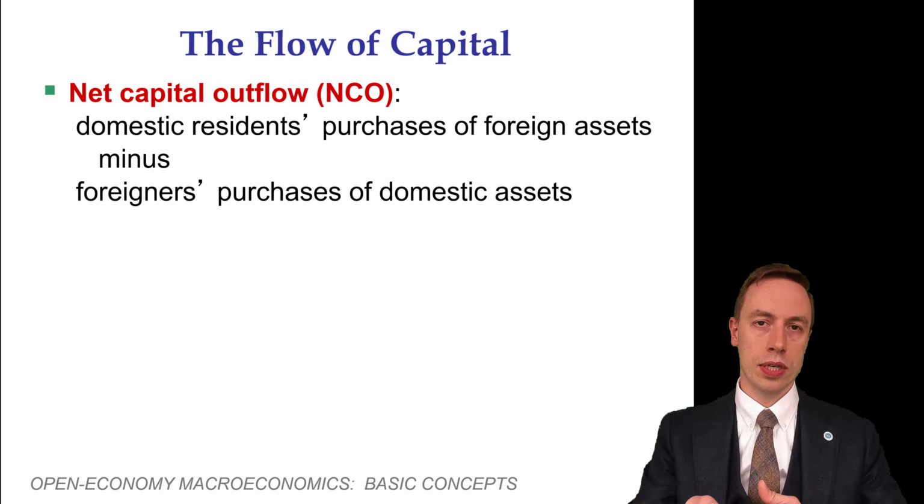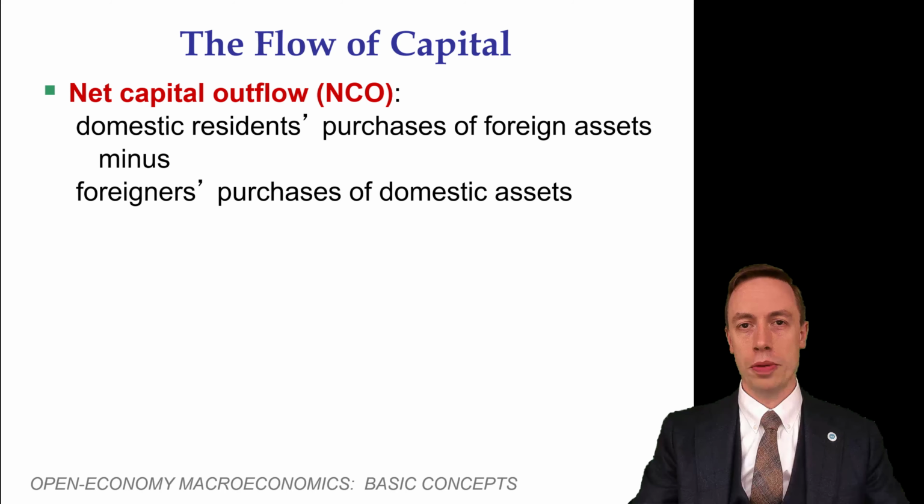Let's say you as a US resident buy an apartment in London. This would not be referred to as an import or export, since that apartment is an asset that's not about to be boxed up and shipped to the United States. But you do take ownership of it. That would make you a domestic resident buying a foreign asset.